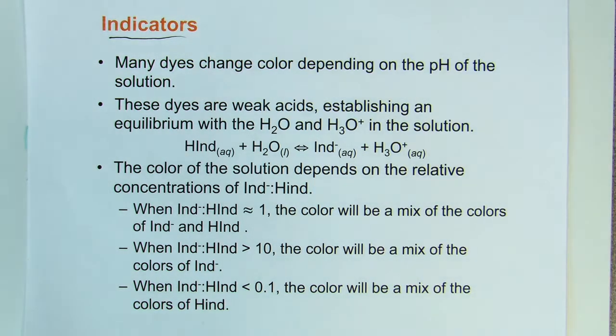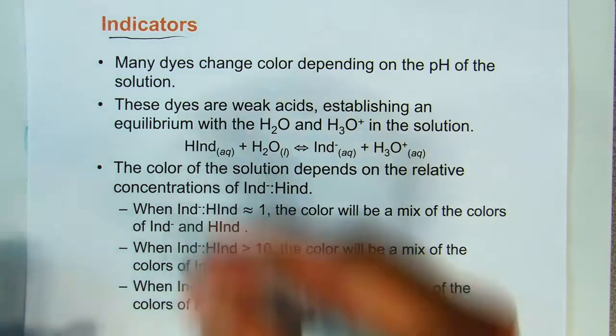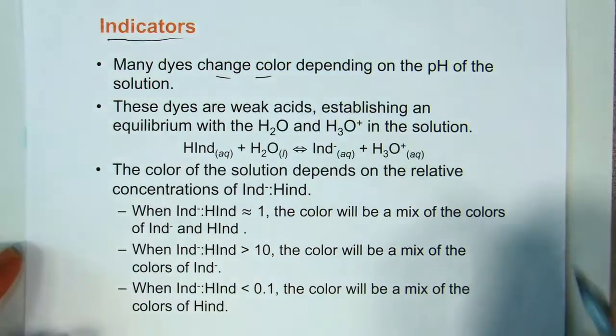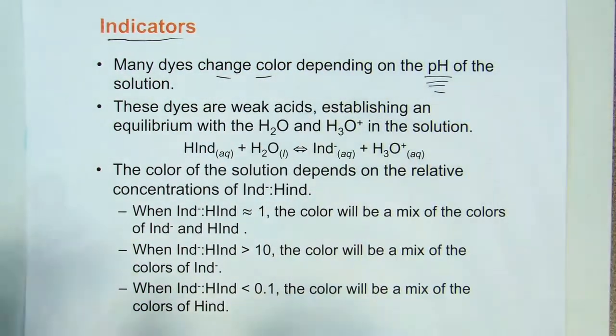But they're basically molecules or dyes that will change color depending on the pH of the solution. So the pH is oftentimes the important variable for our indicator, and that's certainly going to be true of the indicators that we're going to talk about here in this particular mini lecture, okay?